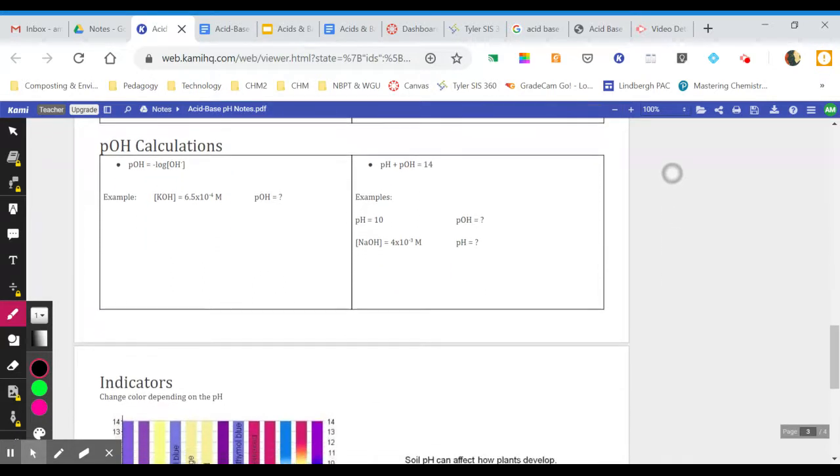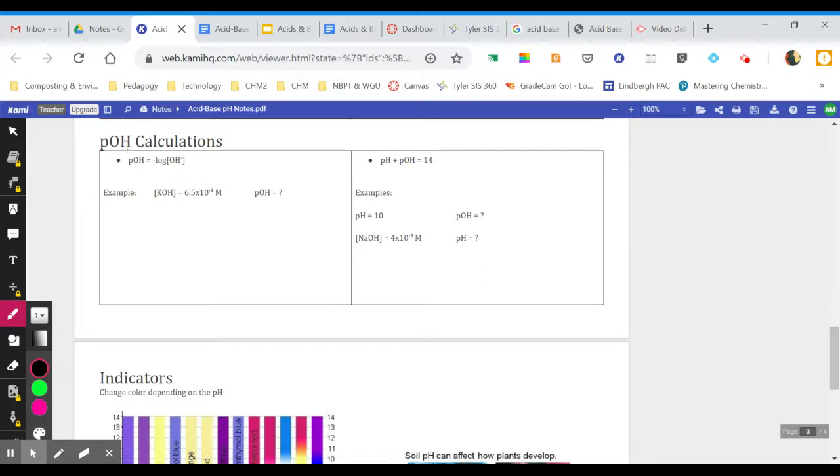In chemistry, we also are concerned with pOH, which most other sciences don't actually really care about. The pOH scale doesn't have any meaning for them. But in chemistry, it is important to know the concentration of OH. And so we can do those same kind of calculations. pOH is just then the negative log of the OH concentration, which bases generally have OH in them.